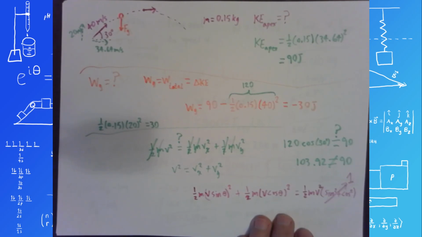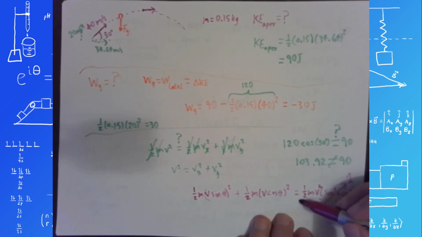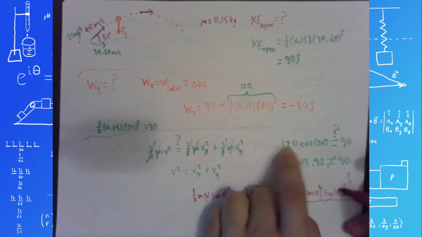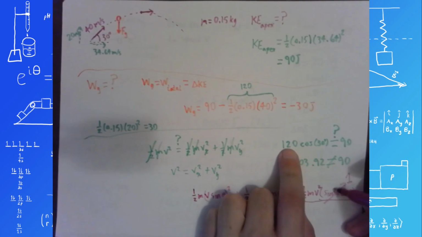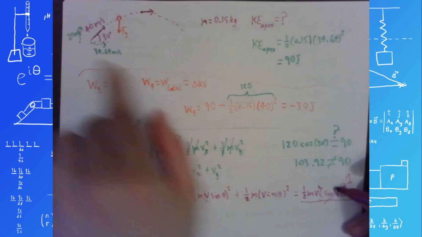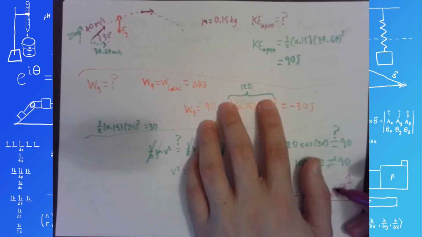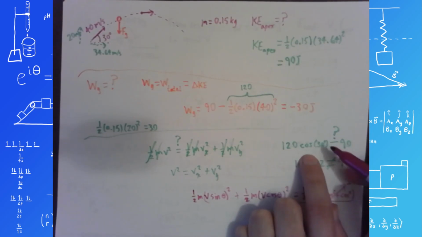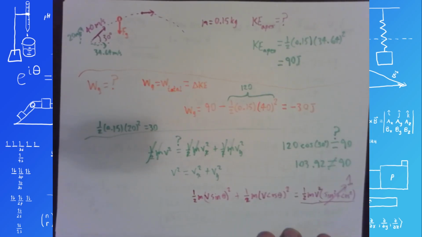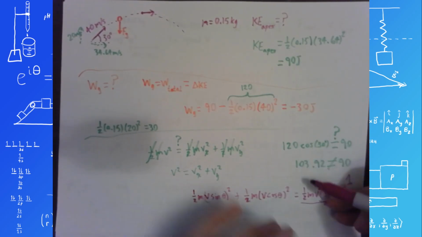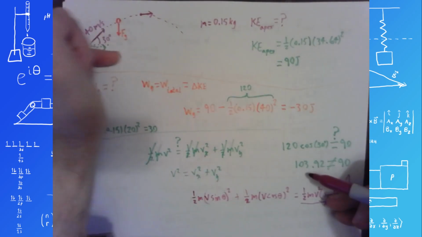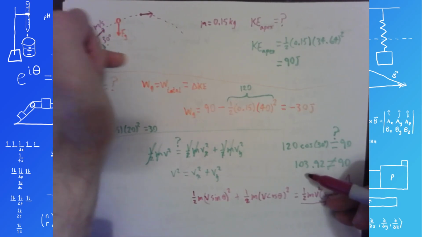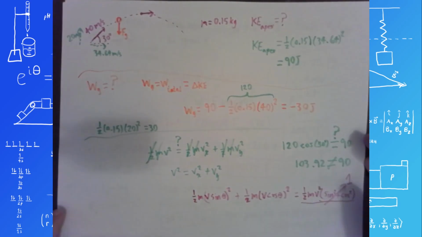And yeah, okay, so I can see why this works now, and I can also see why this doesn't work. The reason this doesn't work is because your 120 would be 1/2 mv squared, and then you're multiplying it by cosine of 30 only once. If you want it to work, you would have to multiply it by cosine squared of 30 to get the kinetic energy associated with the horizontal component.